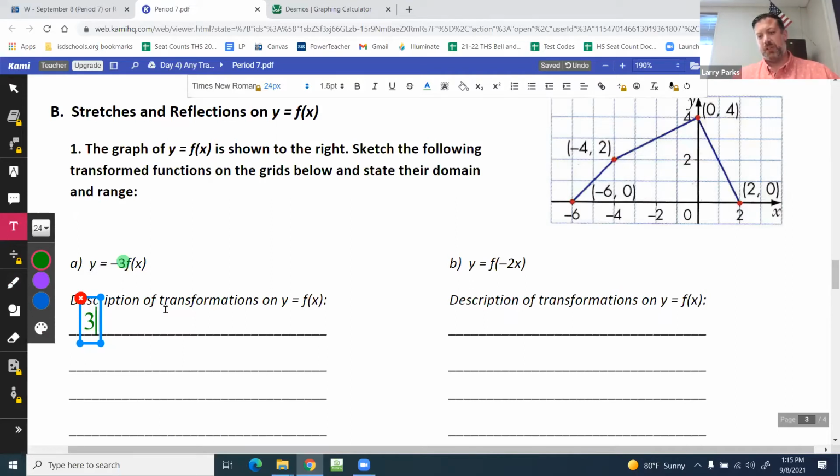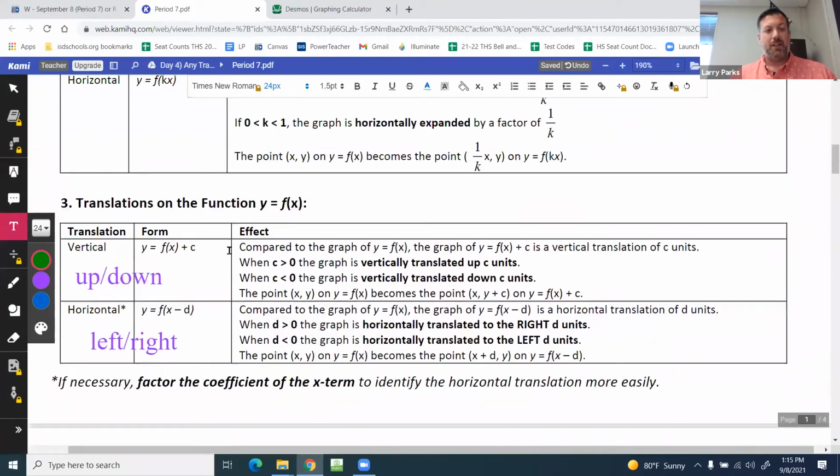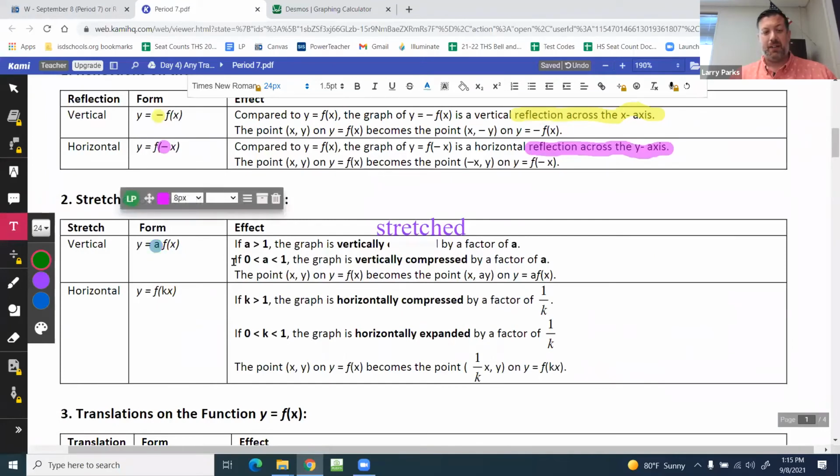If it's bigger than 1, we say stretch. If it's between 0 and 1, we say compressed. And if you forget, right here, A. If it's bigger than 1, we say stretched by a factor of A. And if it's between 0 and 1, you say it's compressed by a factor of A. And then how do you change the graph? If you start with X, Y, it becomes X, AY.